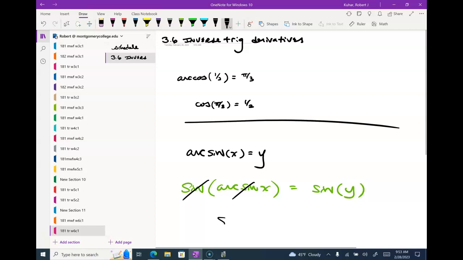So I just get sine of y is equal to x. Inverse functions cancel each other out. Square root of x squared, they're inverse functions. What do you get? I get x. X plus 3 minus 3, what do I get? Adding 3 and subtracting 3 are inverse functions. What do I get? X. You always get x when you compose inverse functions with each other.